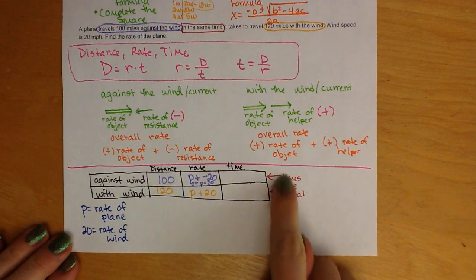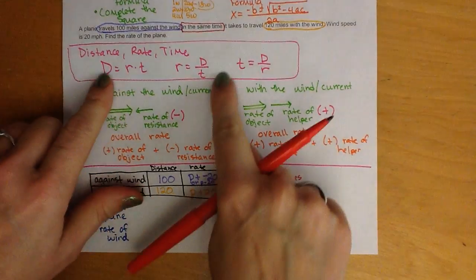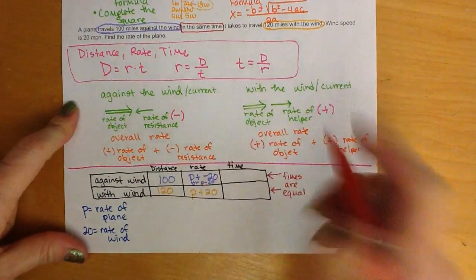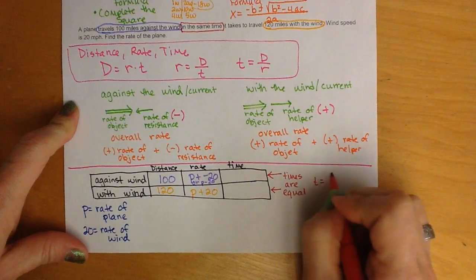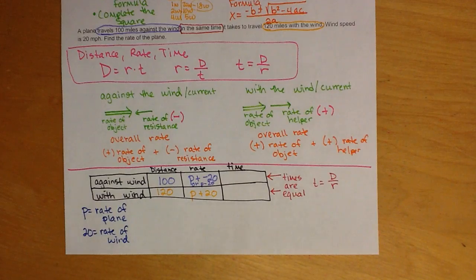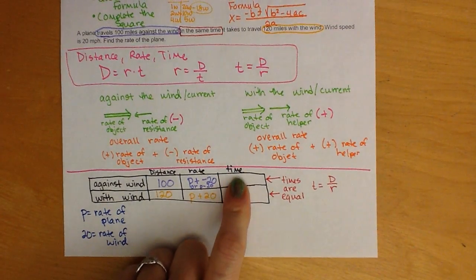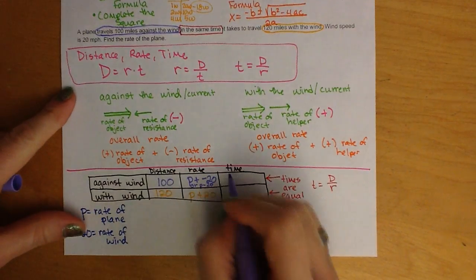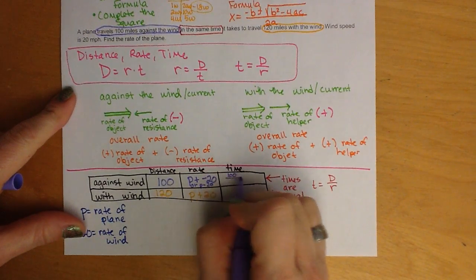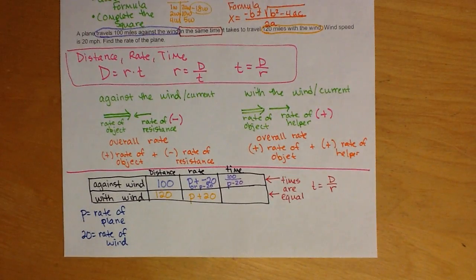Now here's where it helps us that the times are equal. Instead of writing distance equals rate times time, I'm going to use this version of my problem, that time equals distance divided by rate. So for against the wind, the time is going to be the distance, which was 100, divided by the rate, which was P minus 20.